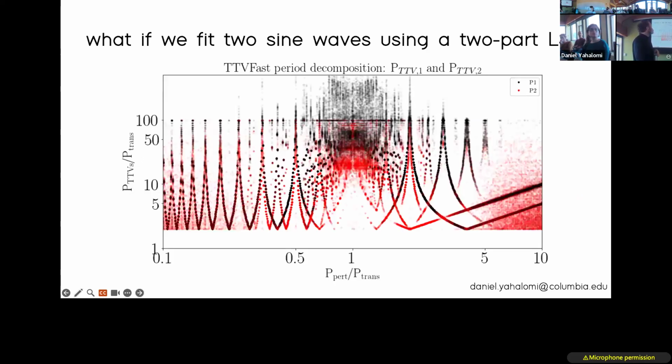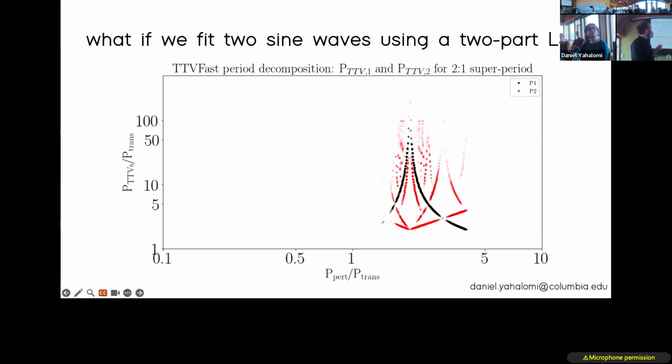And so I can just plot early on what happens if you plot both of those TTV periods, which is quite chaotic. But what's promising here is if you zoom in on one of the windows of these mean motion resonant terms. So here I've just looked at the 2-to-1 super period. In black is our first peak periodic signal, and in red is that second peak.